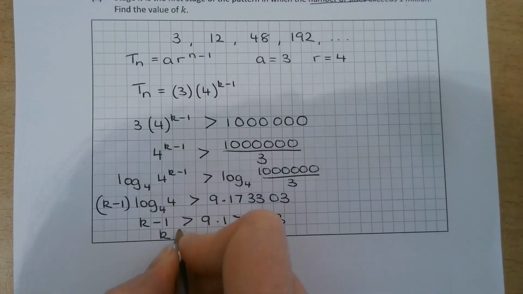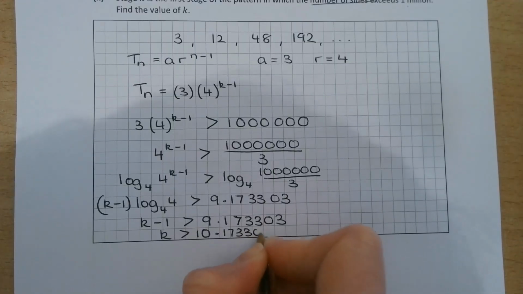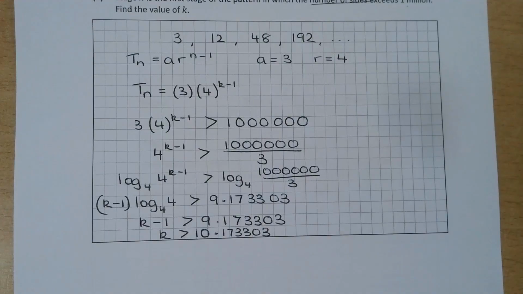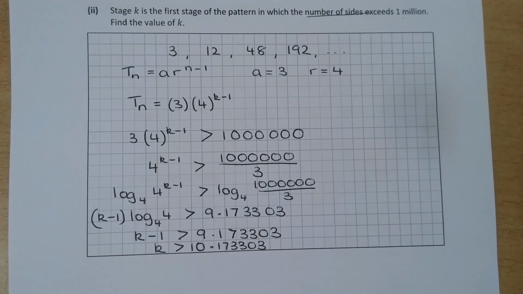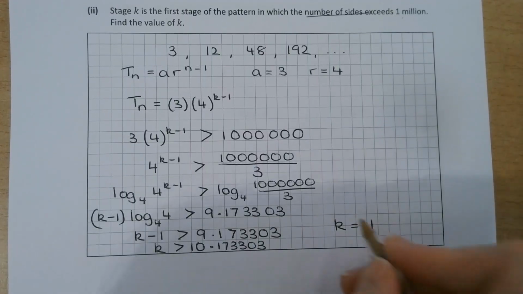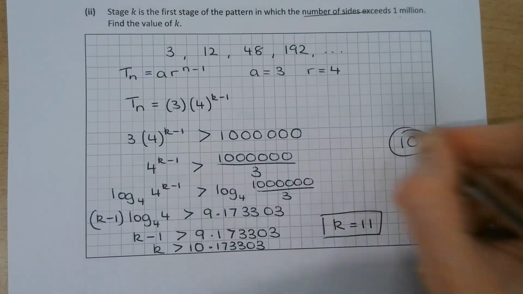So k is greater than 10.173303. If that's the case, then the first stage is when k is equal to 11. That question is worth 10 marks.